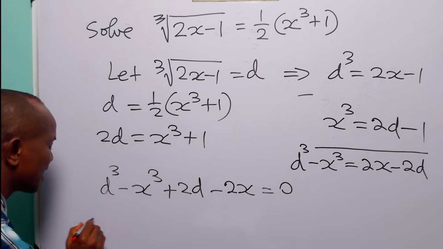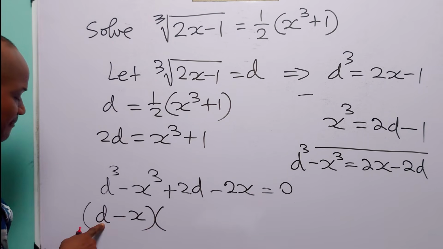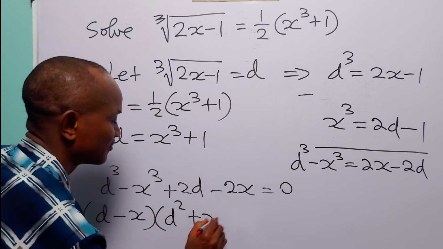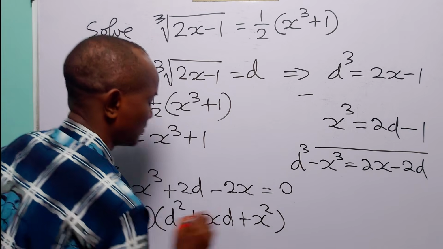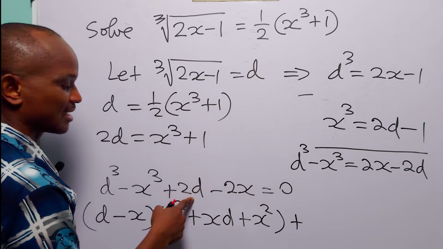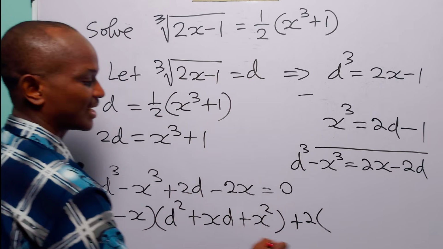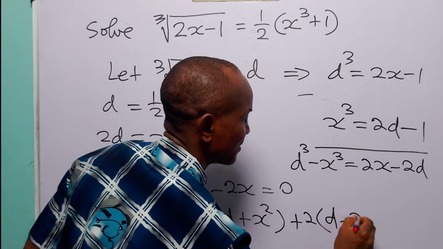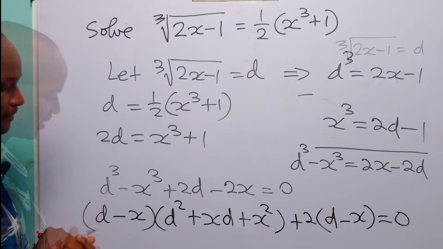When we factorize this, we have d minus x multiplied by d squared plus x times d plus x squared. And of course, we have plus. Between these two terms, we have a common factor, which is 2. Now, 2d divided by 2 is d, and minus 2x divided by 2 is minus x. And of course, this is equal to 0.